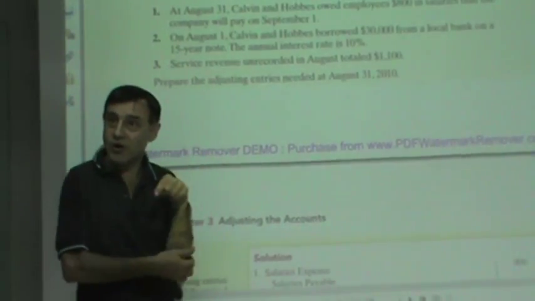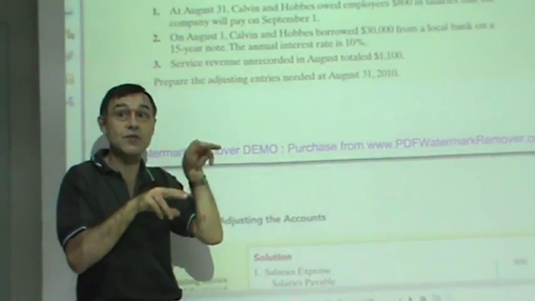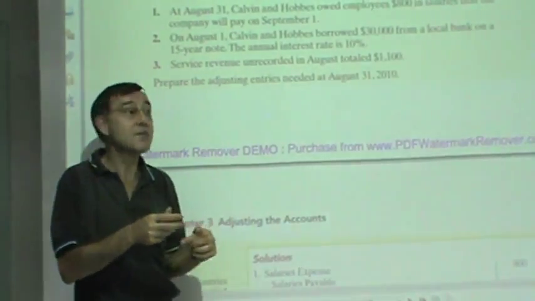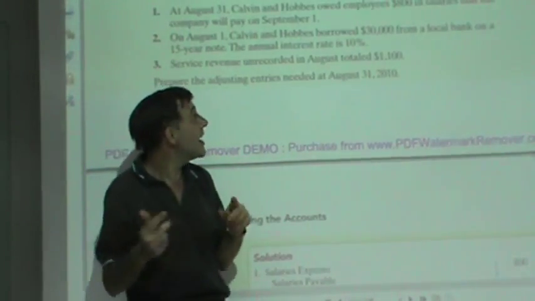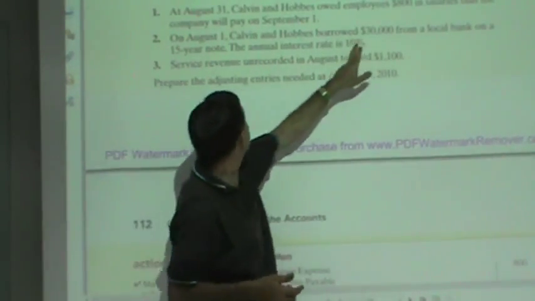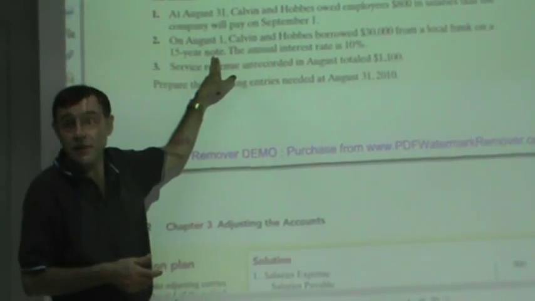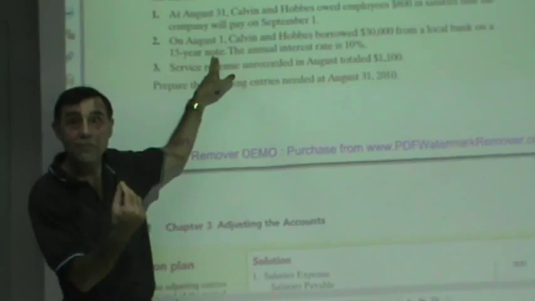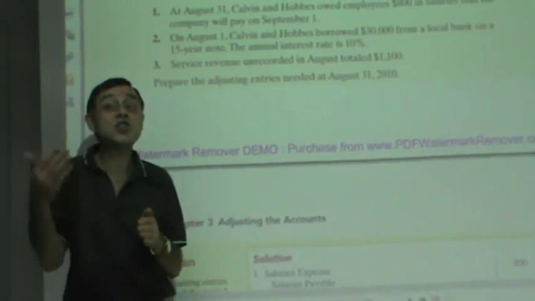Let's say we have two transactions. One, when they borrow. When they borrow, you're going to have debit cash, and then credit is going to be the 15-year note. So it's going to be note payable. That's when they borrow.